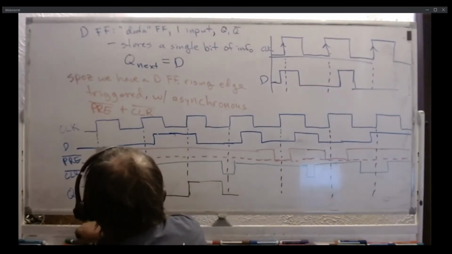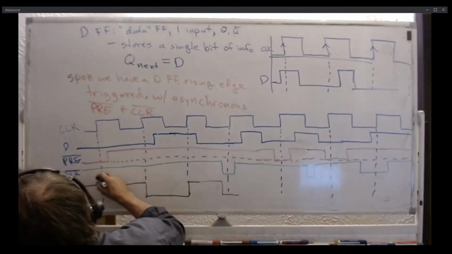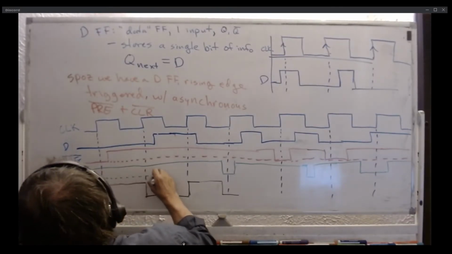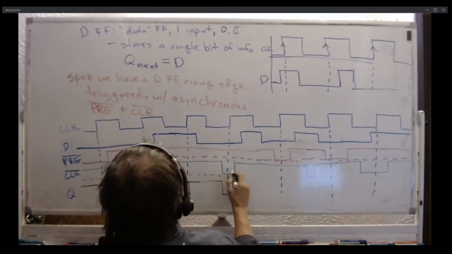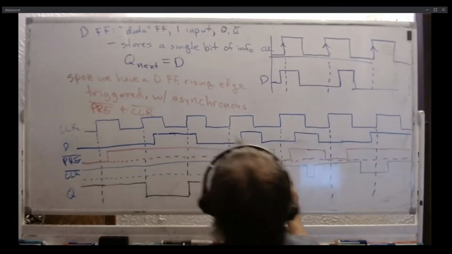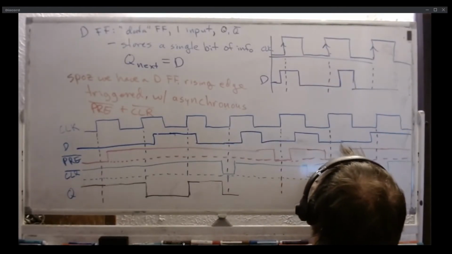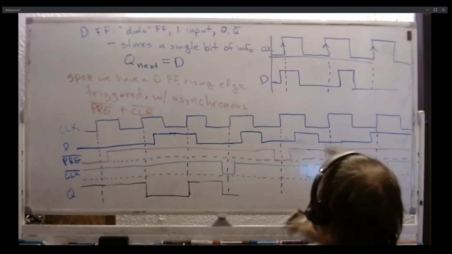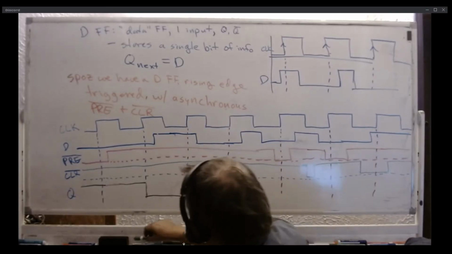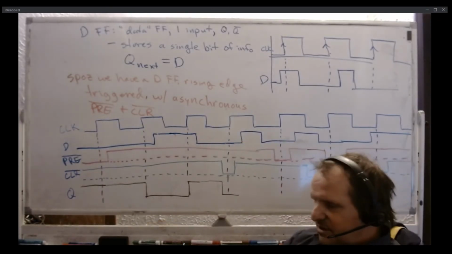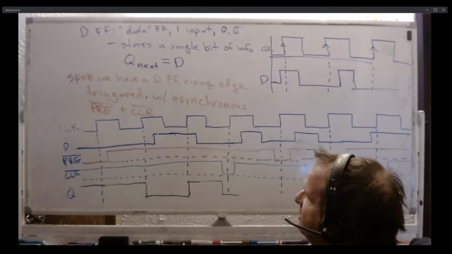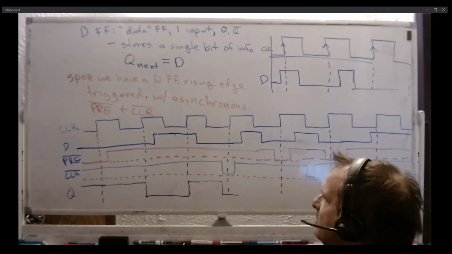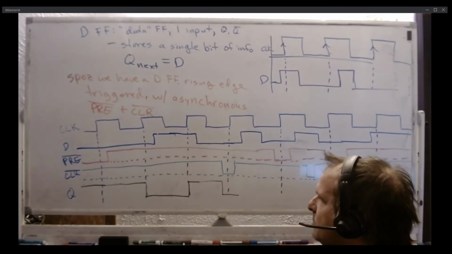Preset and clear are active simultaneously. Which takes precedence? Look at the data sheet. The data sheet tells you that you're an idiot because you sent preset and clear active at the same time, and you're not supposed to do that. Brian, the answer to your question is the data sheet tells you that operation is not guaranteed if they are both low.